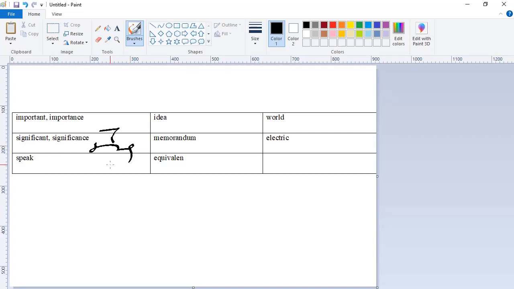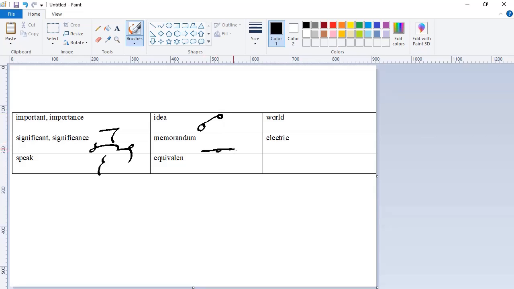Okay? Next, we have speak, which is represented by S and P. Speak. Next, idea. We have A, D, E. Idea. Next, memorandum. We have memo.